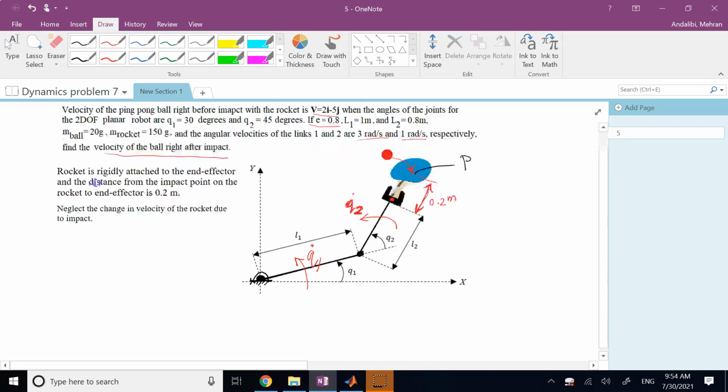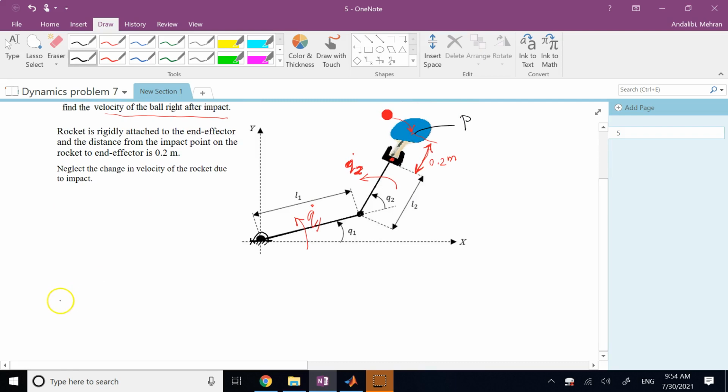I don't want to get into robotics because this is a dynamics problem. So all we need to do is to write coordinate of point P in terms of theta 1 and theta 2 or Q1 and Q2 and then take time derivative to relate it to the dots, okay?